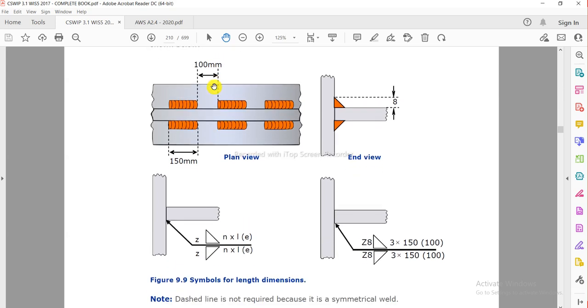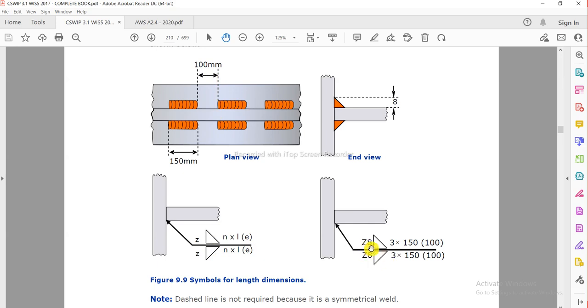Here we have an example. Z is 8, N is the number of welds, 1 2 and 3, and L is the length of the weld, given as 150, and E, the adjacent gap, is 100 in the drawings. So this is simply represented by this.